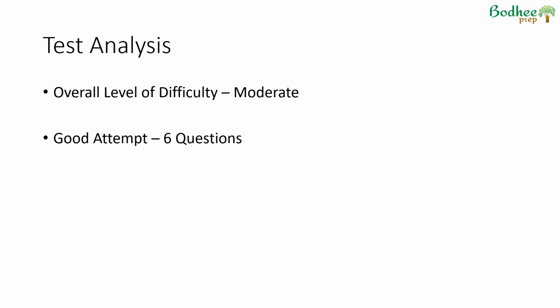And the ideal time that you should take for this test is about 19 to 22 minutes. This time will include getting the 6 questions correct and also having an attempt at the other question. So that is the time for the entire test that you should take.